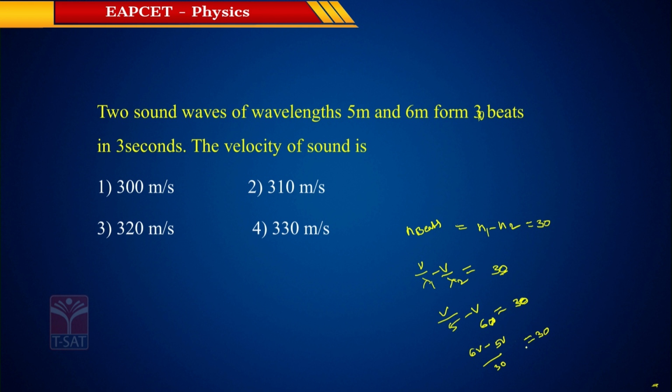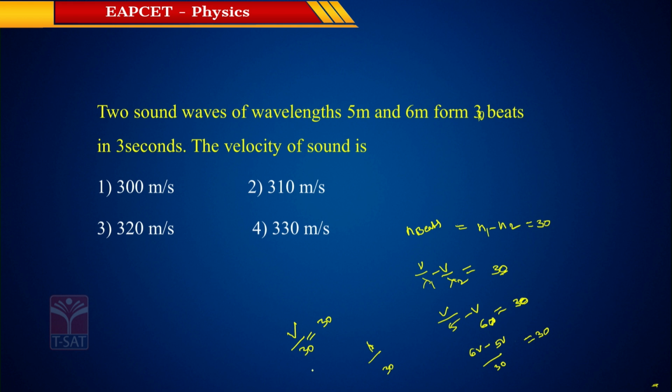What happened here? 6v minus 5v, 1 by 30, is equal to 1v by 30, so v by 30 is equal to 30.